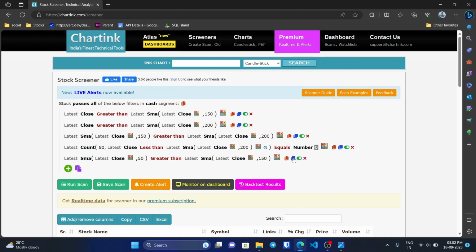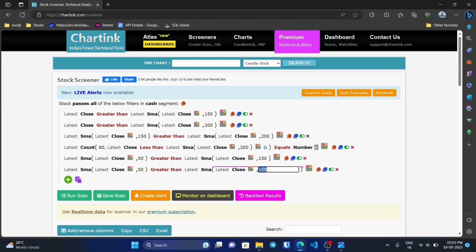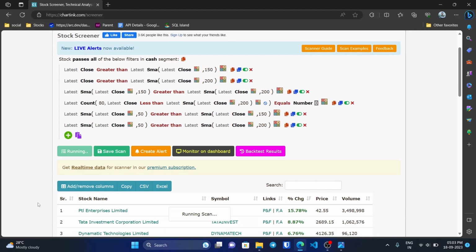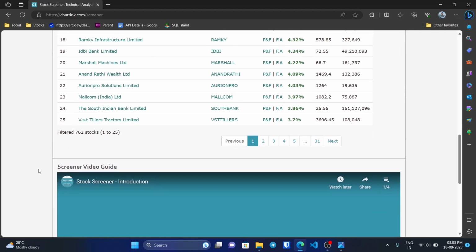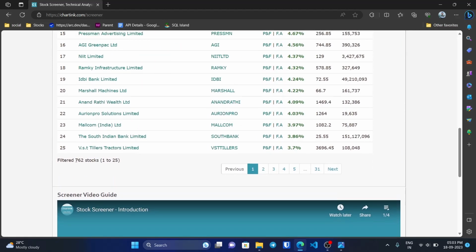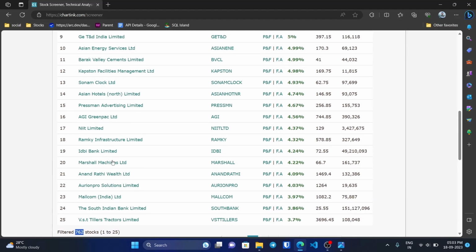Okay, then the next condition is the 50-day moving average should be above the 200 moving average. So we will just duplicate this filter and change 200 here. Now we will run the scan again. So we have again reduced to 762 stocks now.